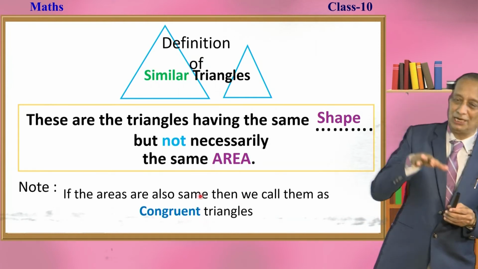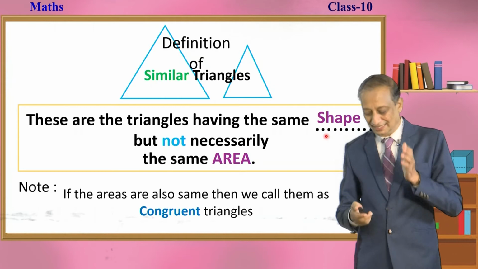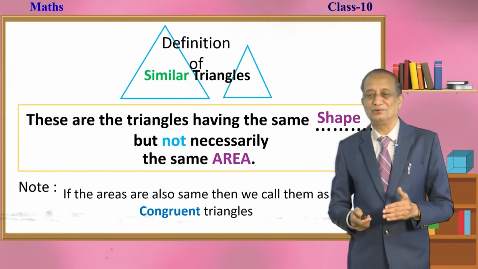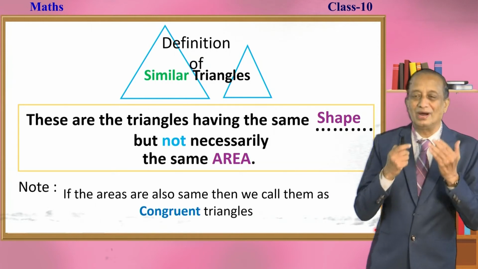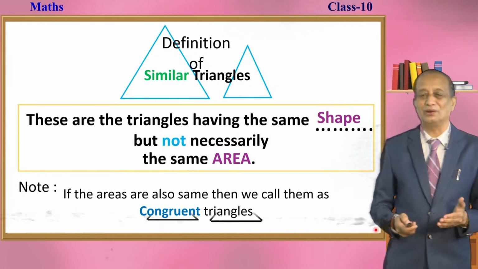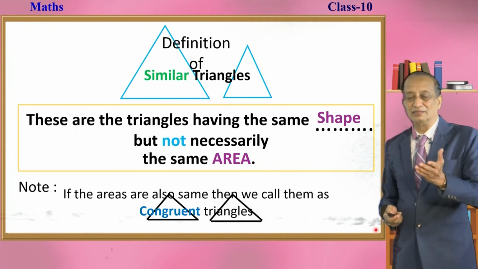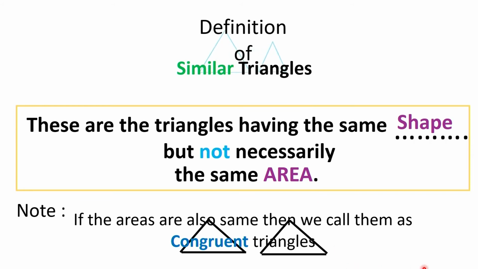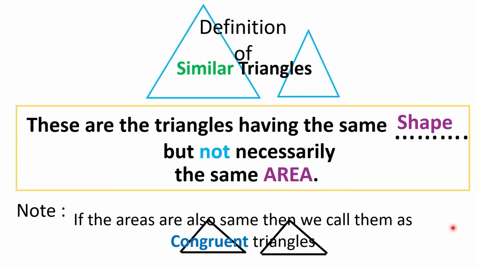If only the shapes are same, we must call them similar triangles. So, similar triangles and congruent triangles are like two eyes for a person to see clearly the things around him. These figures are also coming up to you. Congruent triangles, look at them, they have the same shape, they have the same area. Such a pair of triangles are called congruent triangles. Otherwise, if only the shape is same, it is called similar triangles.